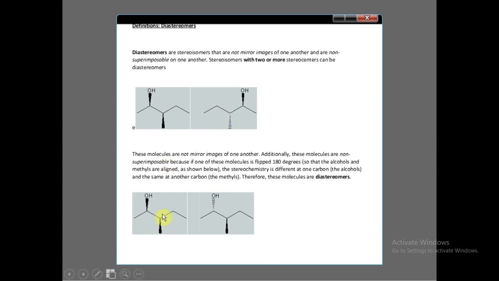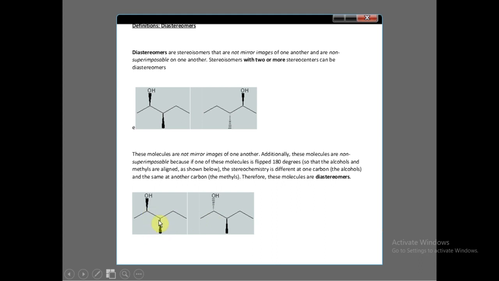Similar goes to this structure. If you look at this, here you have two chiral carbons or two stereocenters. So there is the possibility of having diastereomers.